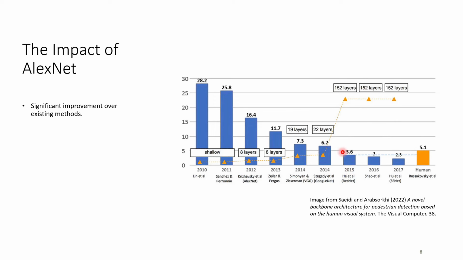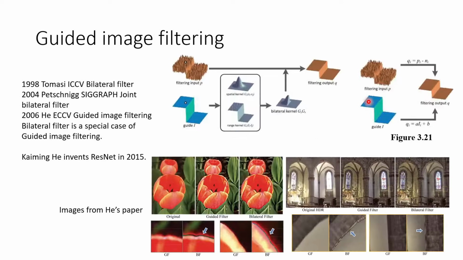So who is Kaiming He? Let me recall. We saw this slide last week, right? The first author of this guided image filtering paper is Kaiming He, and this paper was published in 2006, and 9 years later he proposed his ResNet.